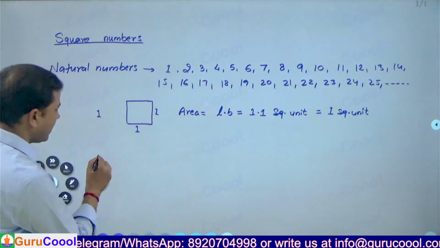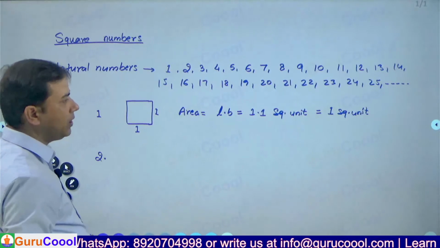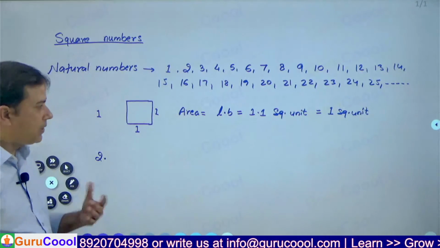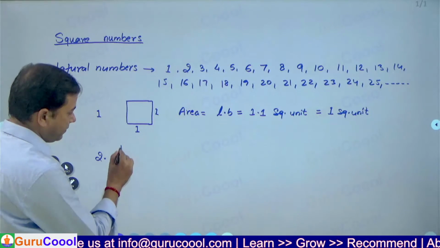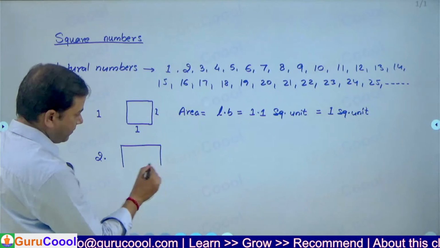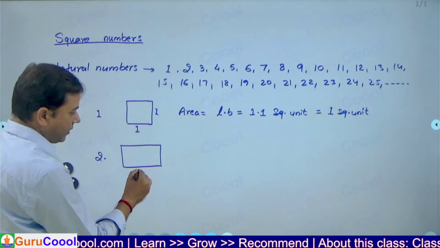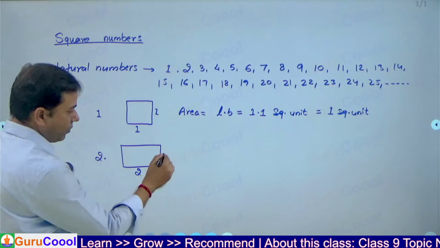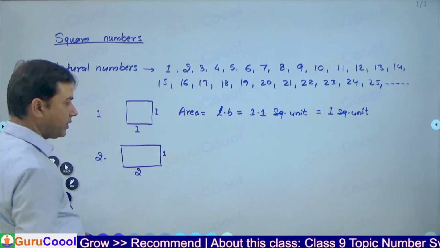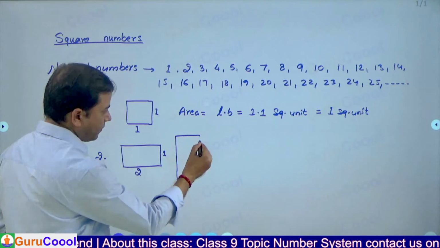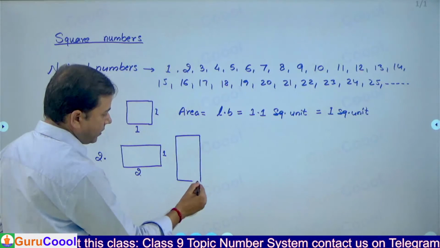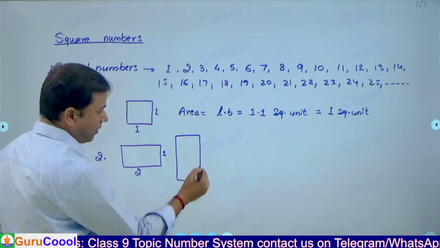Now let us consider 2. In how many ways can 2 be represented geometrically? It can be a rectangle with length 2 units, breadth 1 unit, or another one with length 1 unit and breadth 2 units.